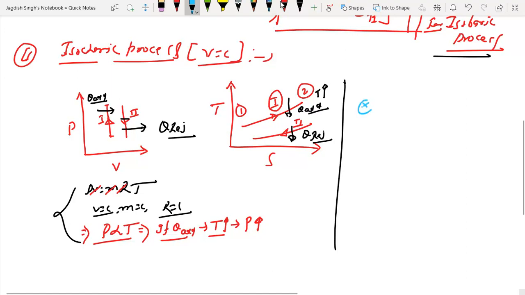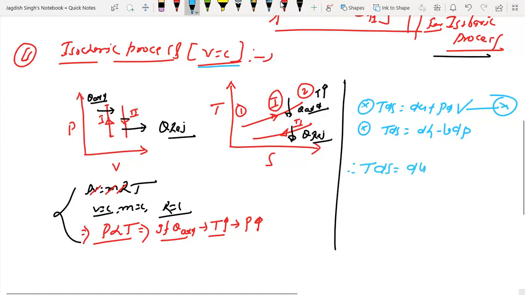Already we have two equations. TdS is equal to dU plus PdV, and the next, TdS is equal to dH minus VdP. Since volume is constant, we pick the first one, because dV is there.